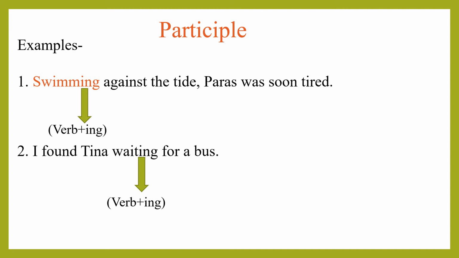Same in the second example, "I found Tina waiting for a bus." Here, the word waiting is used as a participle which does the work of an adjective. The present participle is formed by adding ing to the base verb, and the past participle is formed by adding d, ed, en, etc. to the base verb.